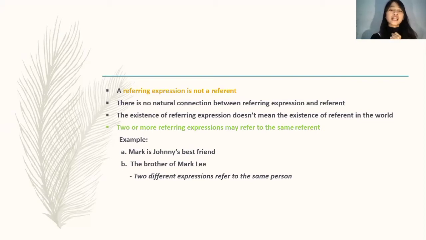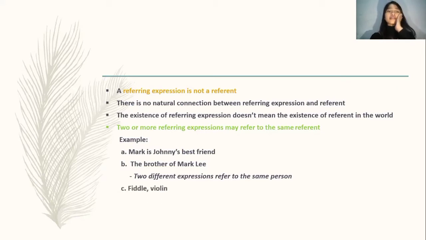The first one says that Johnny has a best friend named Mark, and sentence B means that Mark is the brother of Mark Lee. So even though there are two different expressions or sentences, they still refer to the same person, that is Mark.